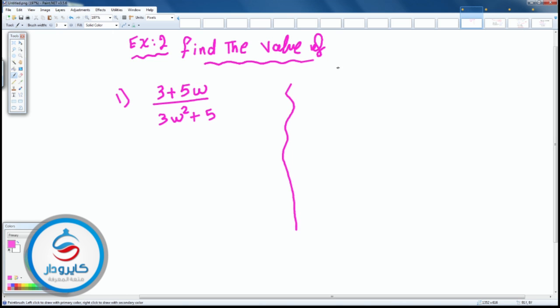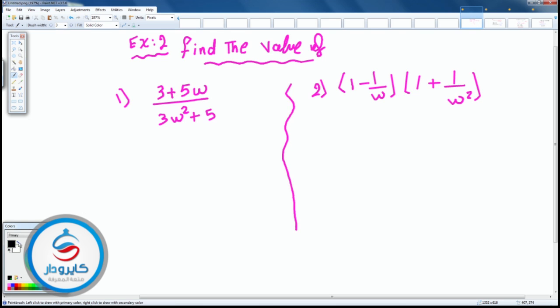This is number 1. And number 2, 1 minus 1 over omega times 1 plus 1 over omega square.